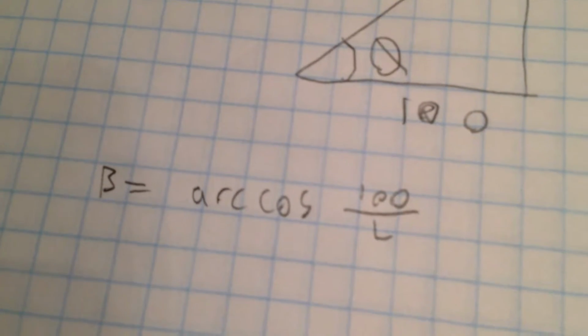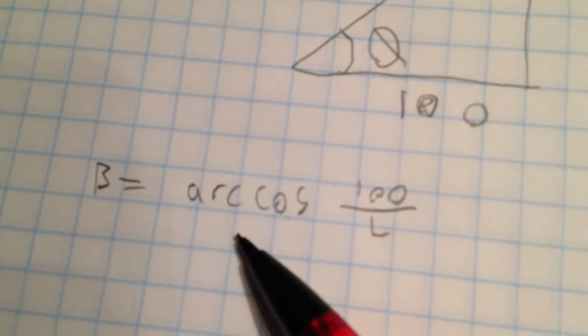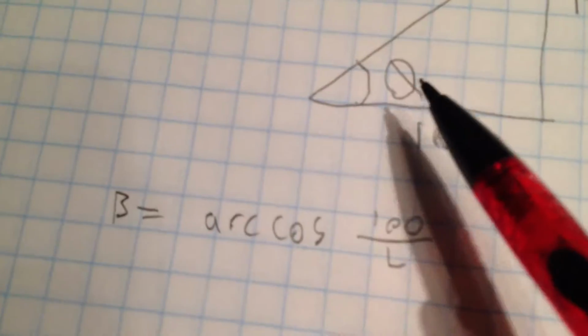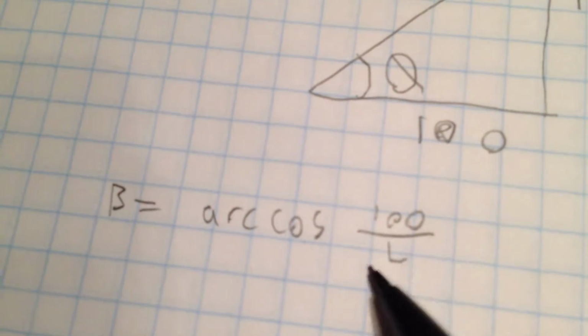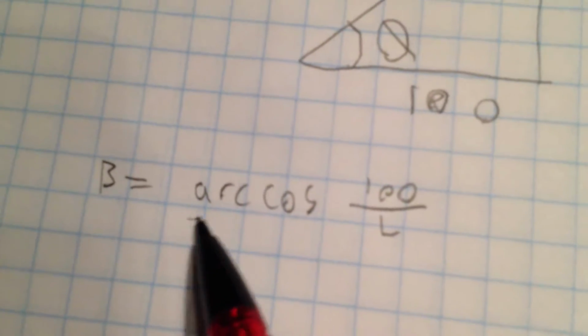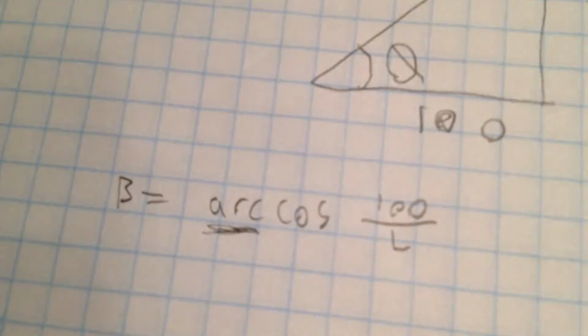This will give us the angle. As opposed to normally, with the normal cosine, not arc, we would put cosine of theta equals 100 over L. Arc cosine does the opposite, so it's important to remember the difference. Underline that because it's important.